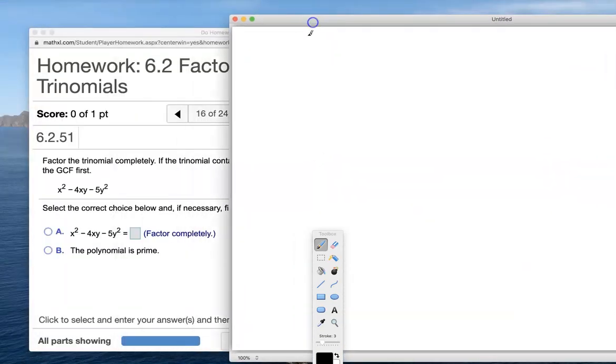Move this over here. And so I'm going to put x squared minus 4, no, z. I've got z's on my mind. x squared minus 4xy minus 5y squared. Okay, it's a trinomial, three terms. Terms are separated by pluses and minuses. That's one big bundle.